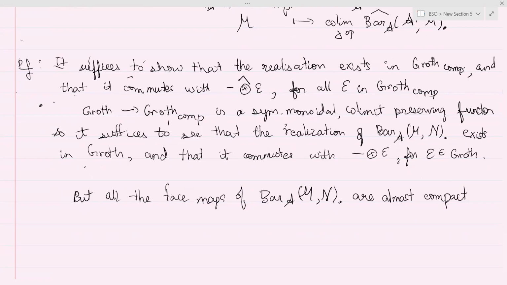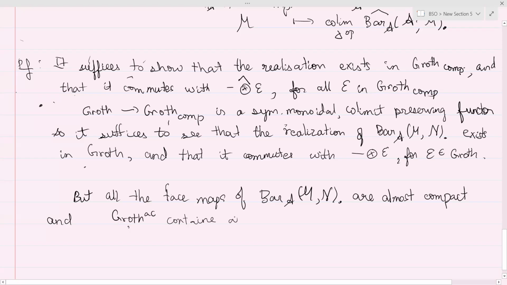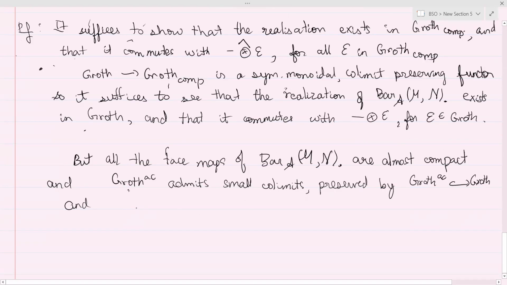And we use this fact that was done earlier in the seminar, that Groth AC, which is the subcategory of Groth consisting only of the almost compact morphisms, admits small colimits, which are preserved by its inclusion into Groth. And the following composite.